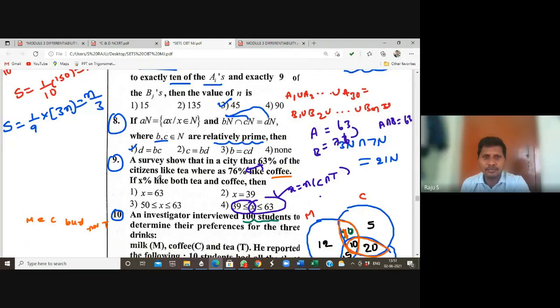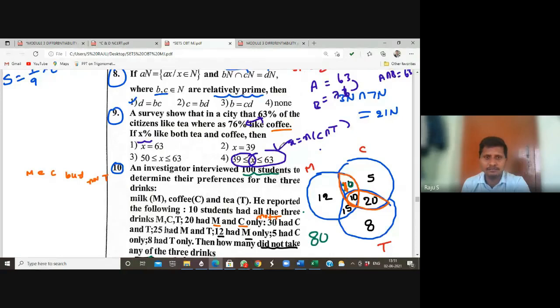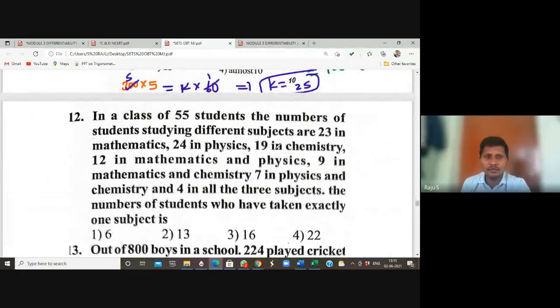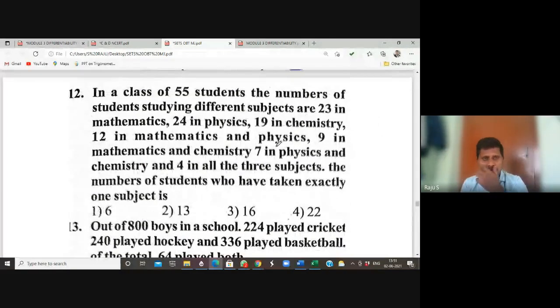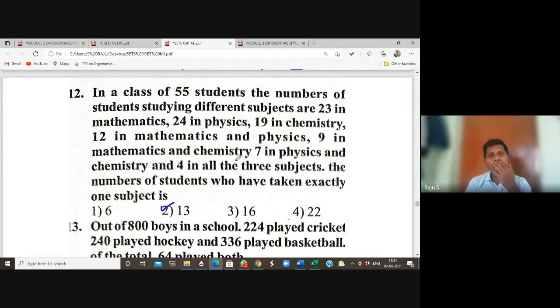Okay. Then X is like both tea and coffee. Maximum will be 63. Minimum we already found. Okay, student, can you try question number 12? Sir, answer is second option, 13. Yeah, remaining all of you look at question number 12.